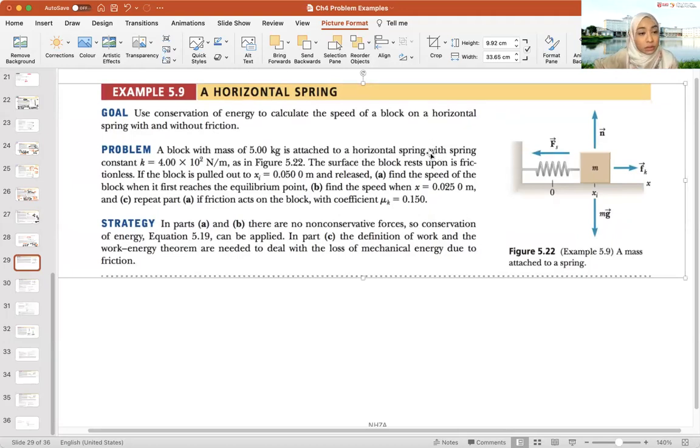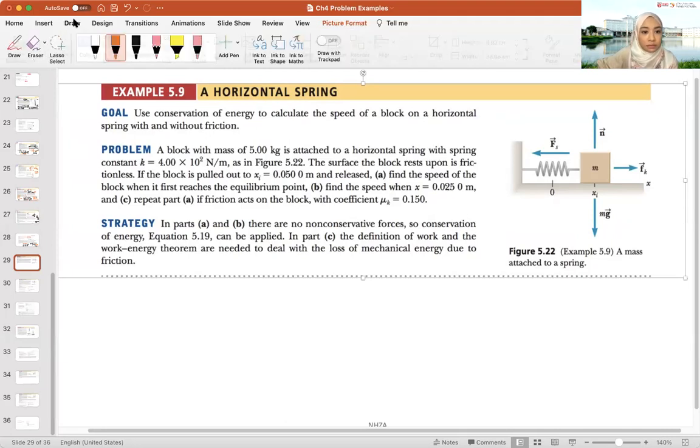Attached to a horizontal spring with spring constant of 4 times 10 to the 2 Newton per meter, as in figure 5.22. The surface the block rests upon is frictionless. So kita punya EI will be equal to EF.